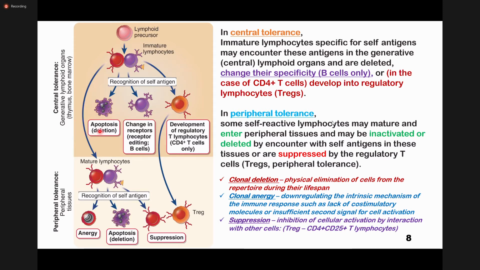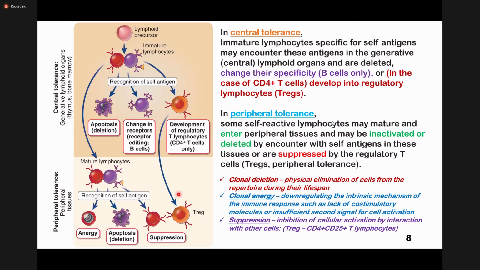Another approach is to change the receptors so that the cells will not be pathogenic. And there is another one: as the cell recognizes the antigen, there is development of regulatory T lymphocytes, CD4 T cells only. Then it passes on to peripheral tolerance.